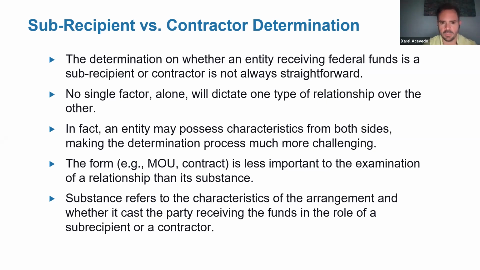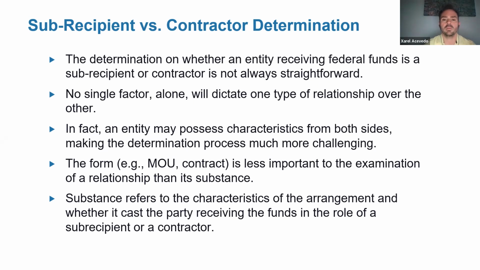It could be a little bit tricky. There is no single factor alone that will dictate if your partner is going to be a subrecipient or a contractor. In fact, both could possess characteristics from both sides.